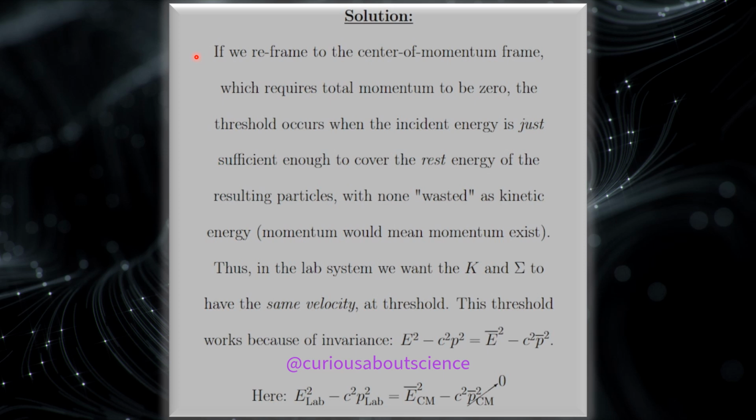Momentum would mean that momentum exists because of kinetic energy. Thus, in the lab, we want the kappa and sigma to have the same velocity at threshold. This works because of the invariance we saw: E squared minus c squared p squared equals E bar squared minus c squared p bar squared.